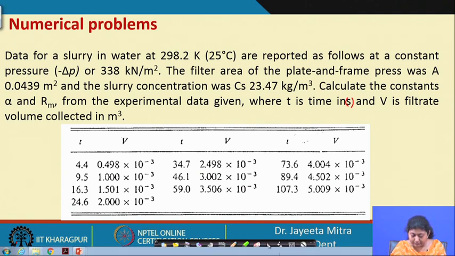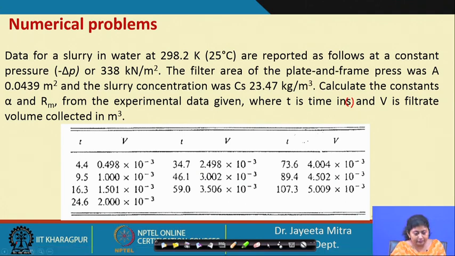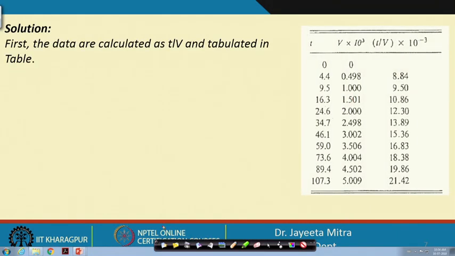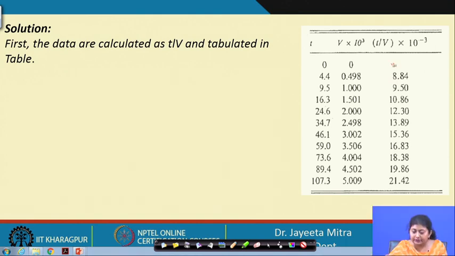Then, for the solution, first this is t, this is V, and we need the data of t by V, because to make the equation of a straight line, we need to plot t by V with respect to V. So, t by V we have calculated, this is t by V into 10 to the power minus 3, this is the data.